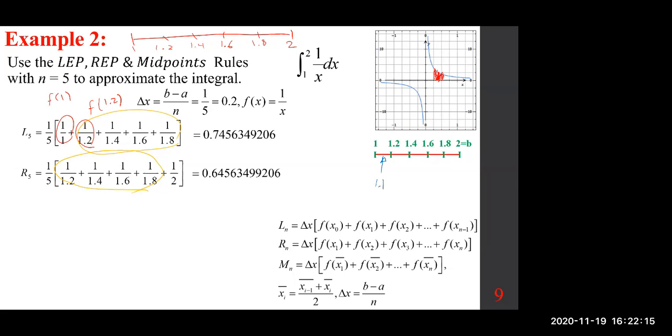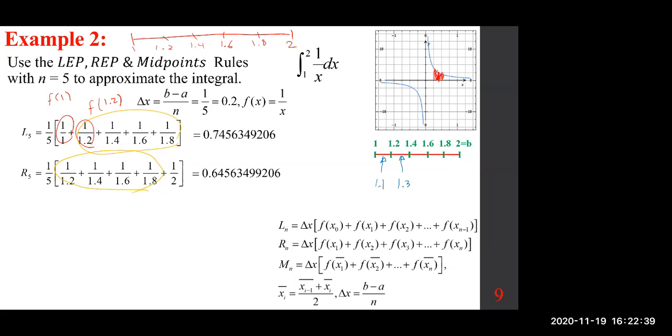And then you just add delta x, which is 0.2, and you get 1.3. Okay, and 1.5, 1.7, 1.9. Just keep up with delta x.